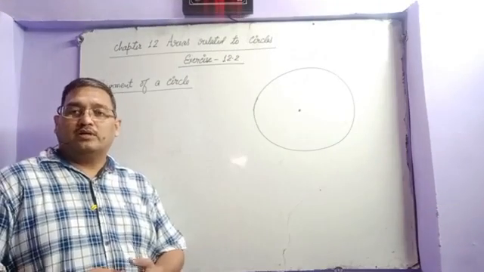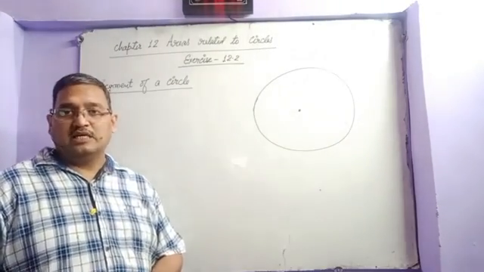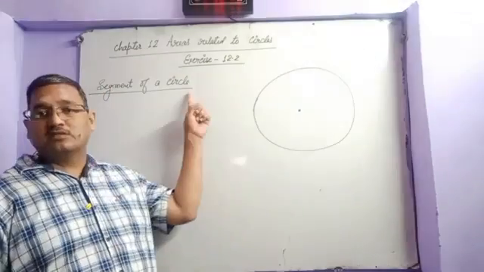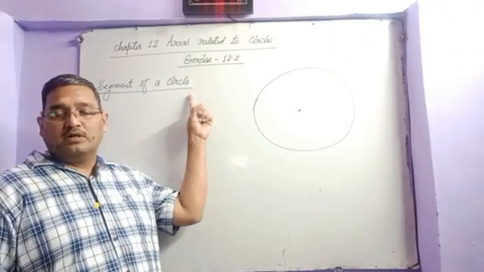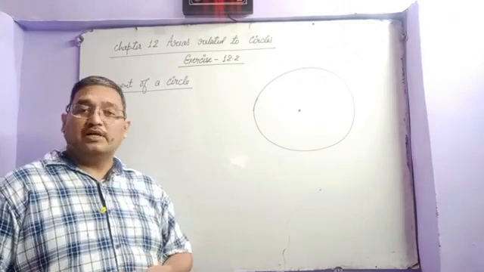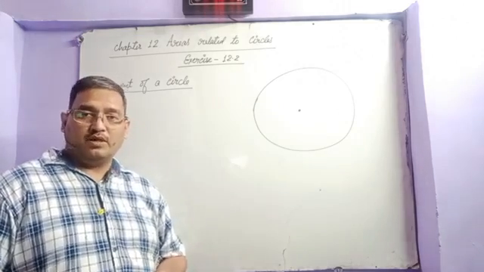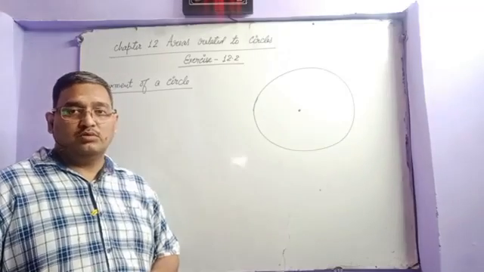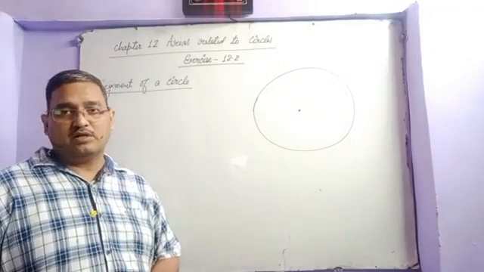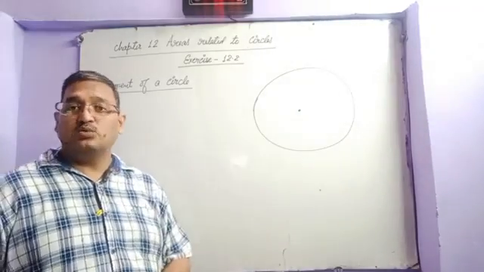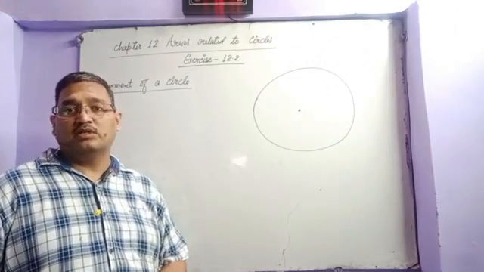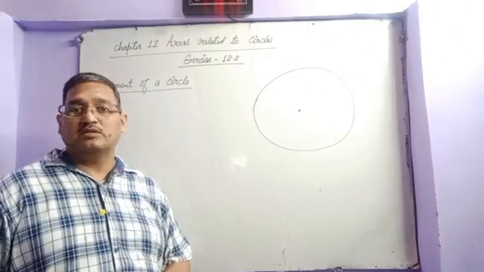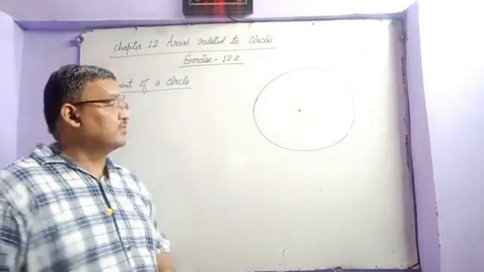Now the next topic of this chapter is segment of a circle. First of all, we must know the definition of a segment. In the beginning of this video, I explained the chord of a circle. Any line segment whose endpoints lie on the circumference of a circle is known as a chord of the circle.